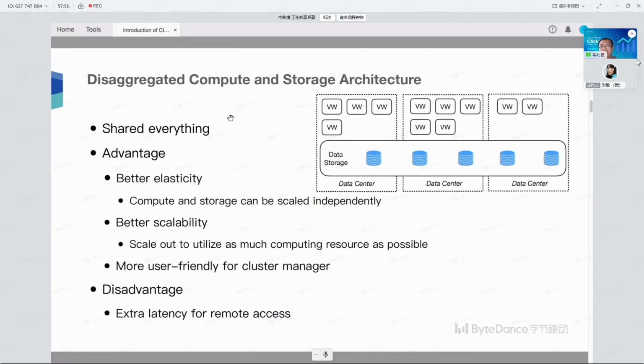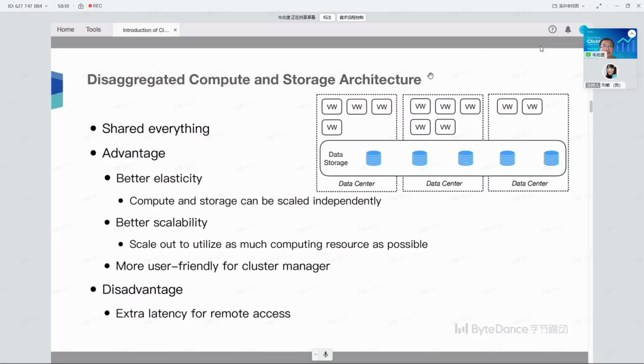And so we started to consider the shared storage architecture, which is also called the disaggregated compute and storage architecture. As shown in this figure, you will notice the computing resources, which are the VWs here, are isolated from the data storage.